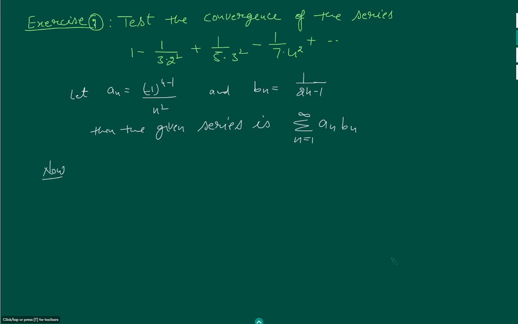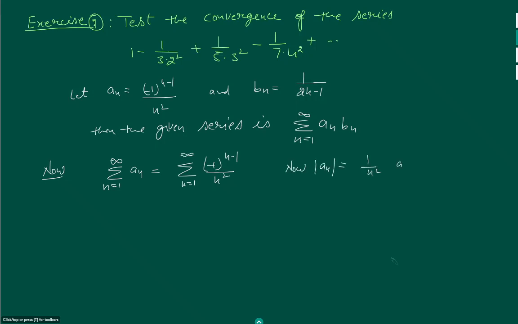So if you take a_n to be (-1)^(n-1) over n square and b_n to be 1 over 2n minus 1, then the given series can be written as summation a_n b_n, n varies from 1 to infinity. Now the series a_n is the series (-1)^(n-1) over n square as n varies from 1 to infinity.